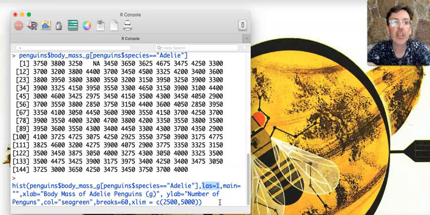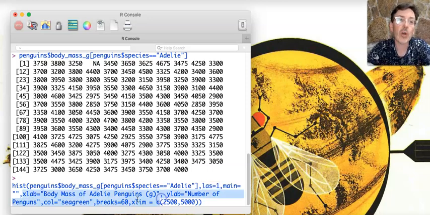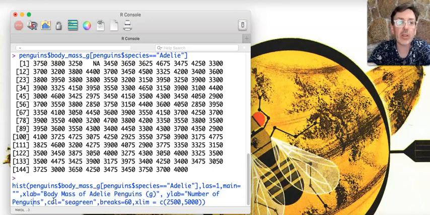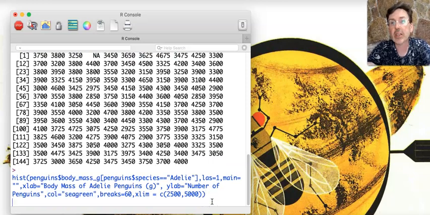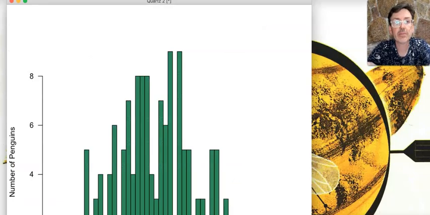I don't have to turn my head. I've suppressed the main title on the top, because that's useless. The X and Y have been given nice names with no typos. And a nice green color, and I've been playing around with the breaks and the limits. And let's see what it looks like.